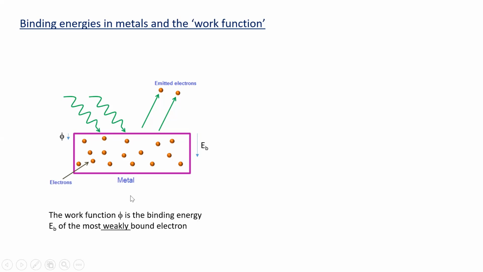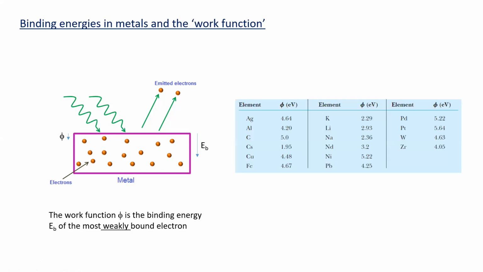So the work function phi is the binding energy, E_B, of the most weakly bound electron, the electron that would be easiest to input energy to and get emitted from the metal. Okay, so that's the definition of the work function phi, the binding energy of the most weakly bound electron.